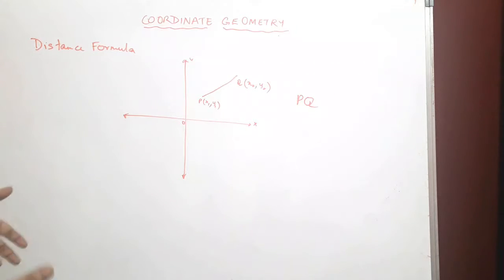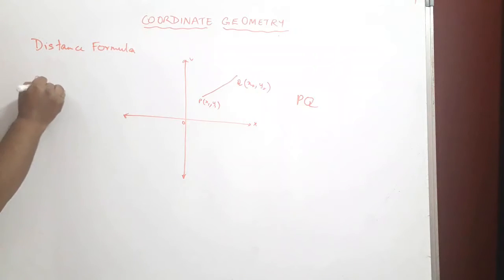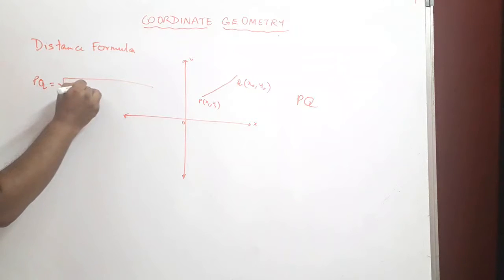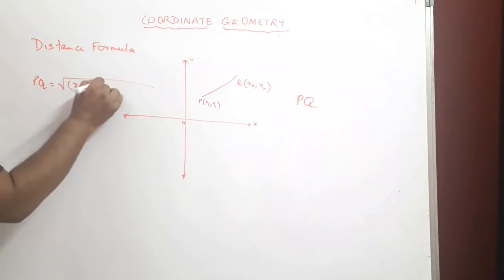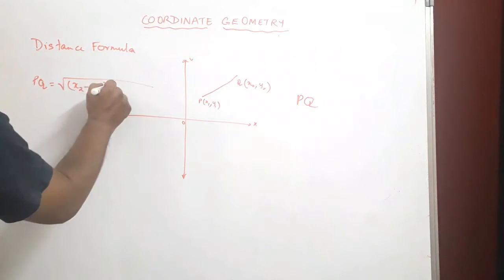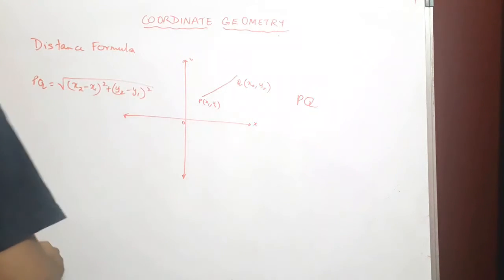So what is the distance formula? According to the distance formula, if we need to find the distance between 2 points, let's say these points are P and Q, then PQ would be equal to the square root of x2 minus x1 whole square, plus y2 minus y1 whole square.